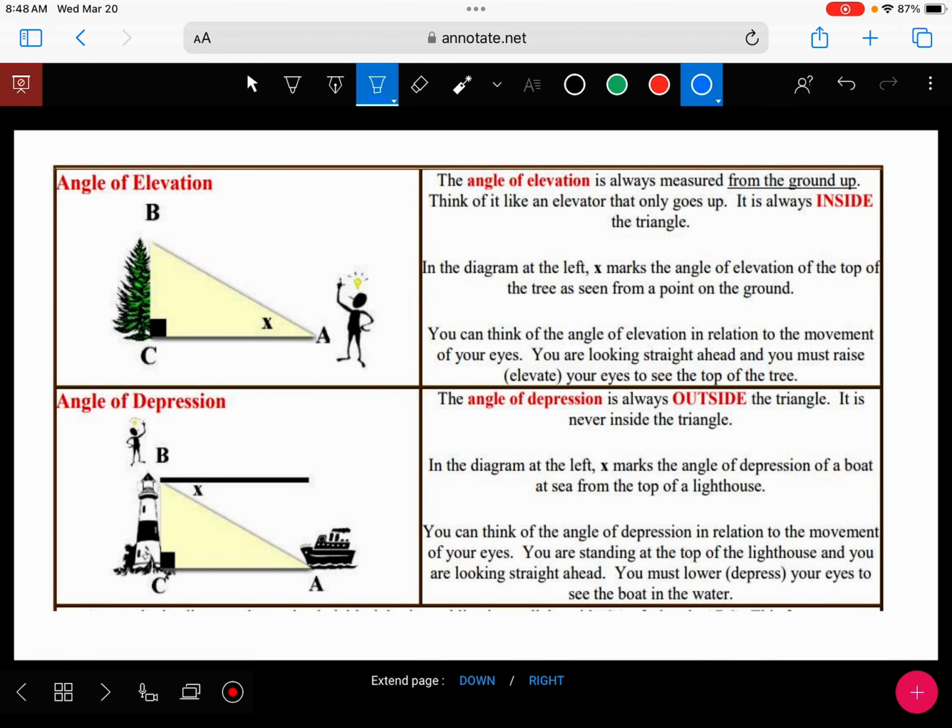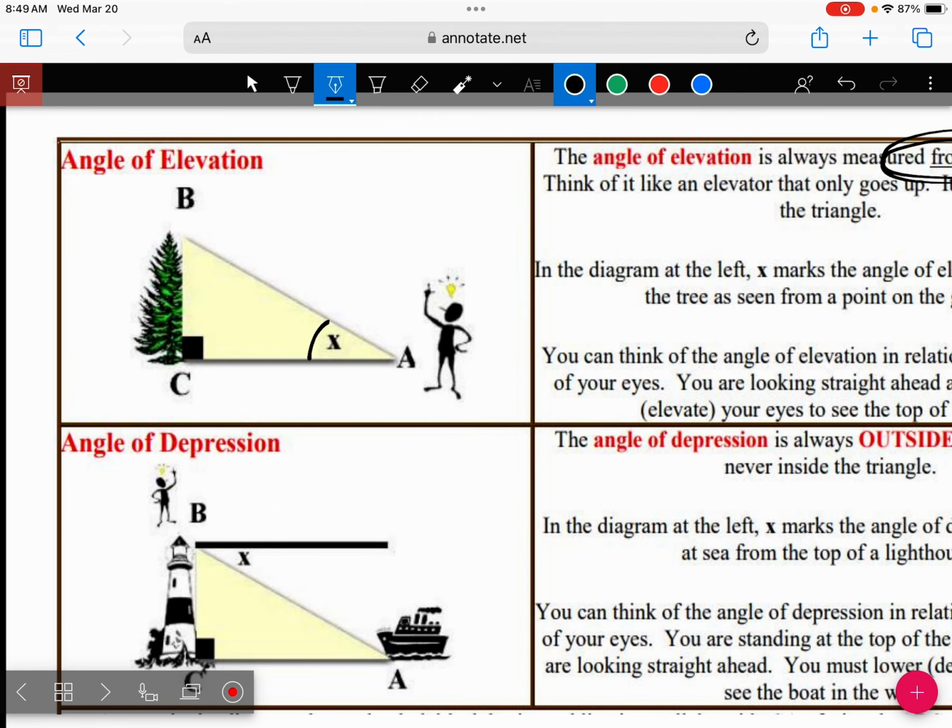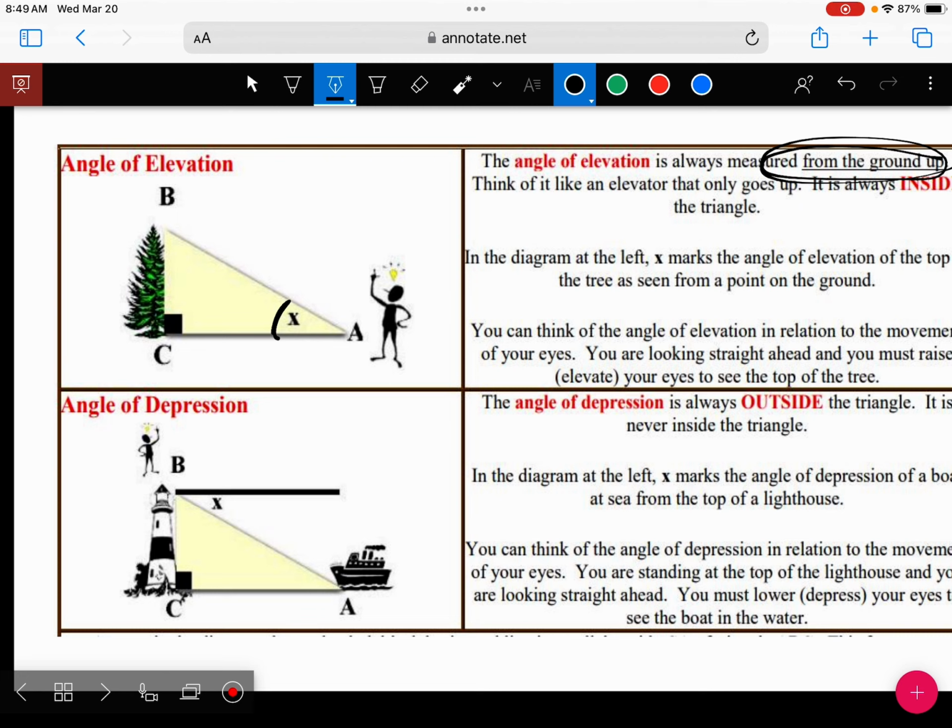So when we're talking about angles of elevation and angles of depression, angle of elevation, can you underline that it's always at the ground? It's always at the bottom. So if I'm trying to find the angle of elevation, it should be at the bottom of the triangle. I always think about if I'm trying to elevate, it's just from this up, angle of elevation.